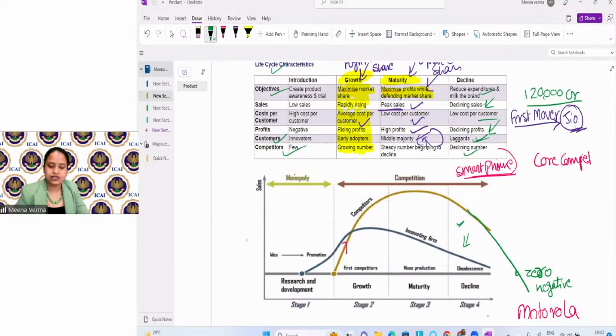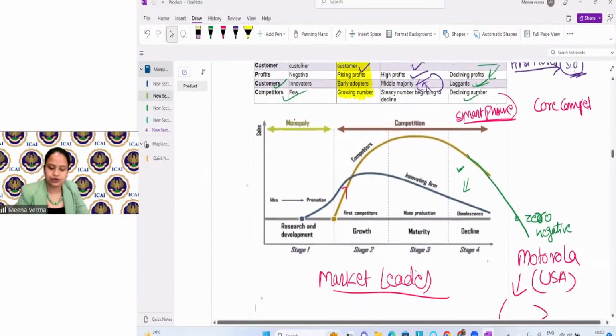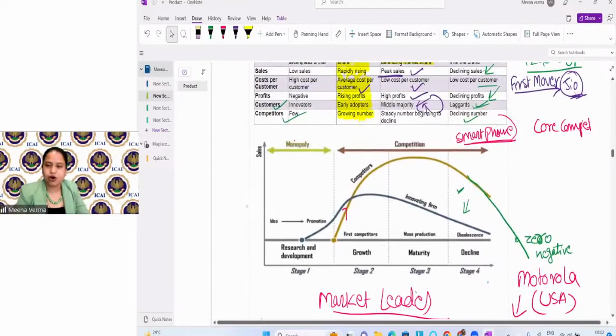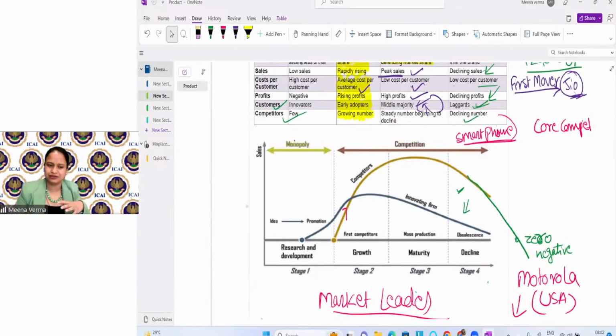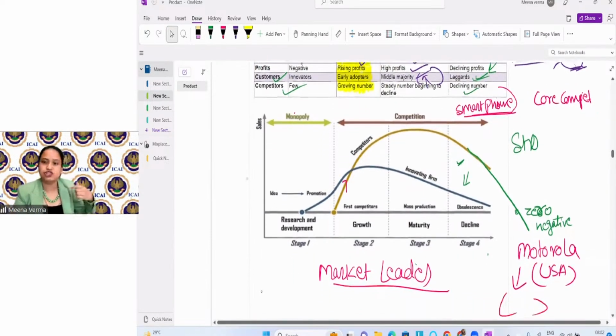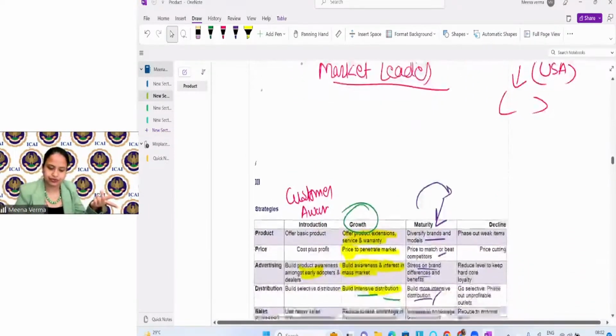In this stage, you can see the sale is decreasing, profit is decreasing, and the number of competitors is decreasing because competitors will start leaving the market. You will see shutdown of the product. Most companies will shut down production and shut down their brand gradually, and they will shift to new products.